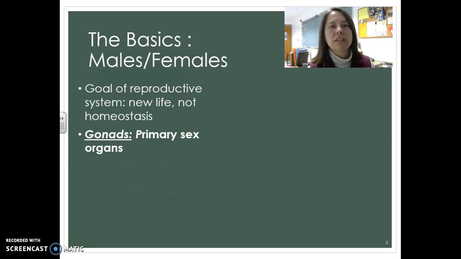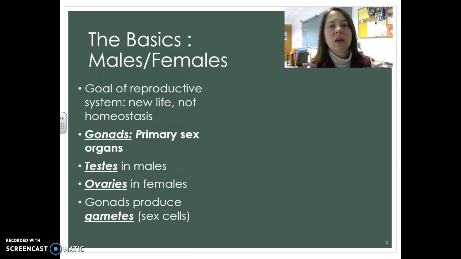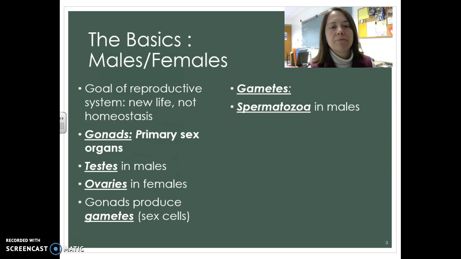So the major players are the gonads. These are the primary sex organs. They are not the external genitalia that we may think of, but the testes in males and the ovaries in the females. And gonads produce gametes, which are sex cells. If you remember from biology, gametes are haploid and are created by meiosis, and we'll get into that more on a future slide.